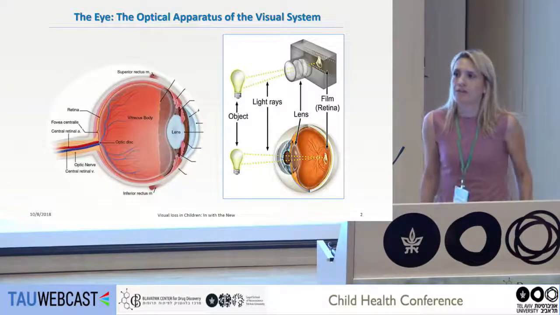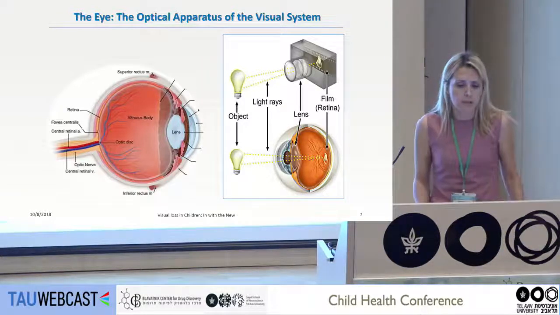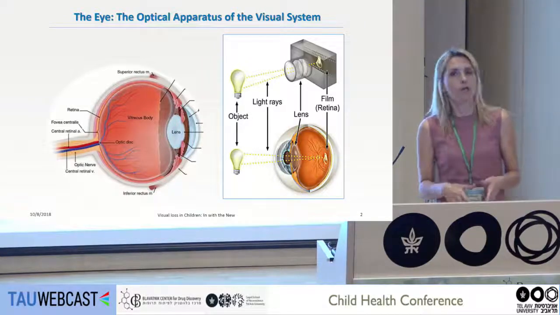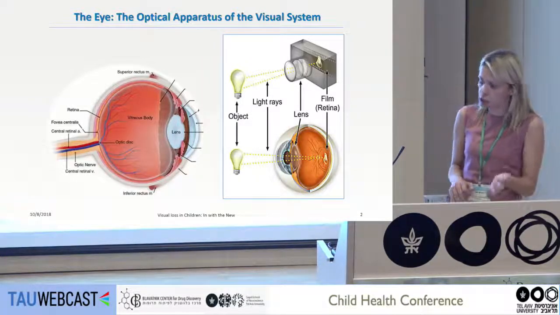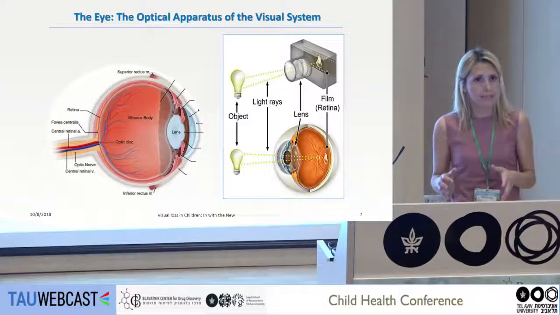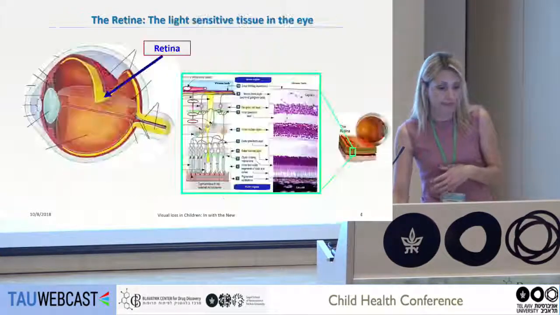So the structure of the eye is very similar to a camera, with the anterior segment of the eye serving as the optical component, whereas the retina lining the back part of the eye is the light-sensitive tissue responsible for phototransduction, or the process of transformation of light energy into electrical neuronal activity.